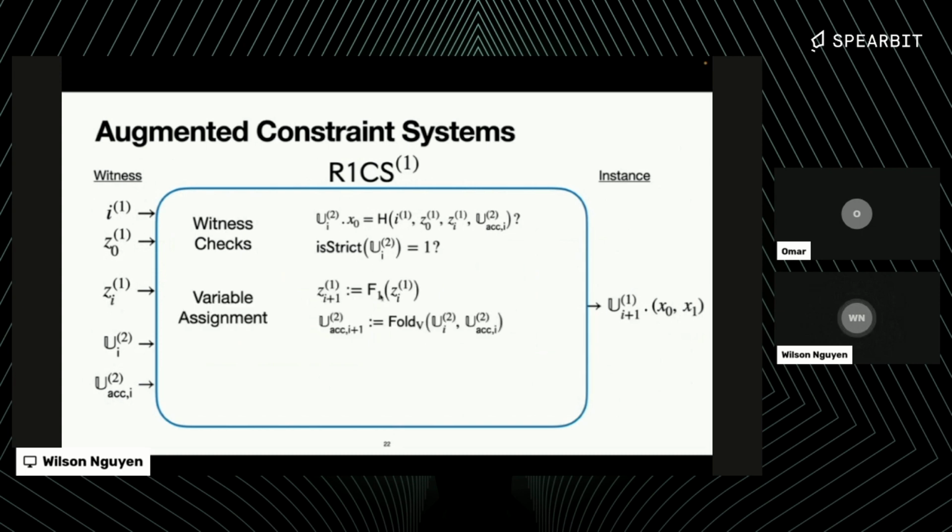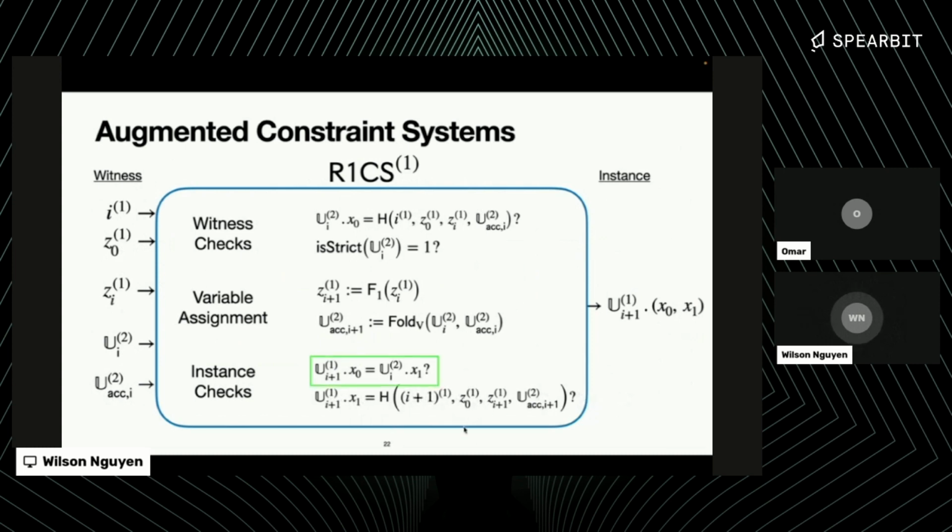We apply one step of the function in the constraint system, but we also fold both pairs. Now we do the output checks. And so we check that the x1 hash, which constrains the output, is actually equal to the hash of one increment of the index, the original base case value, the function output, and also the new folded accumulator.